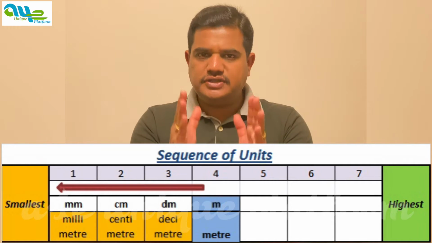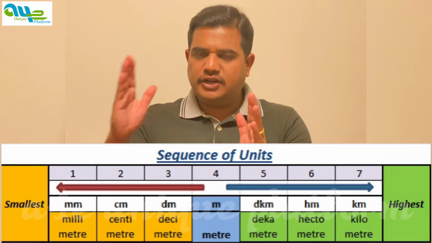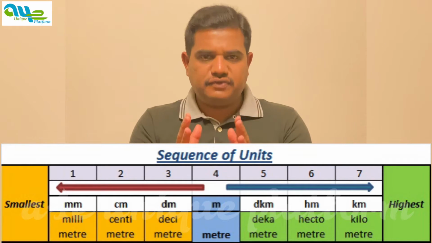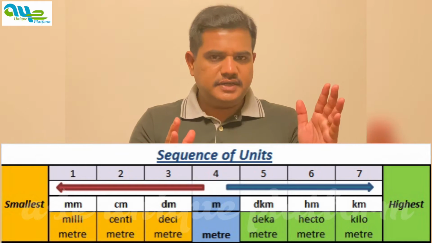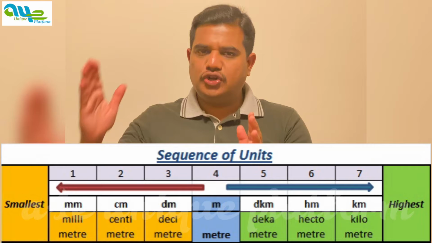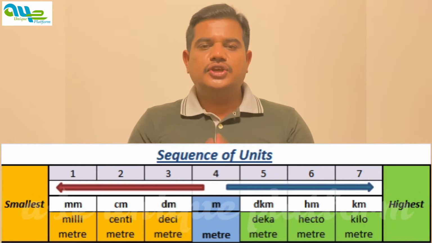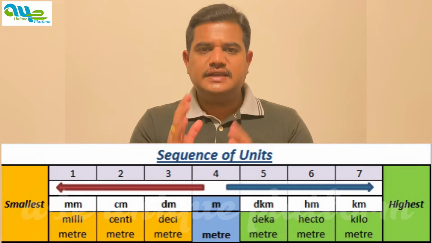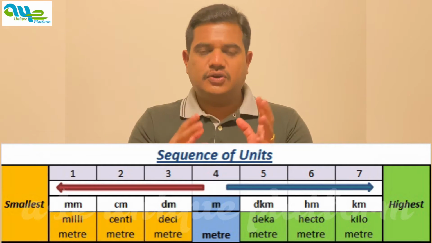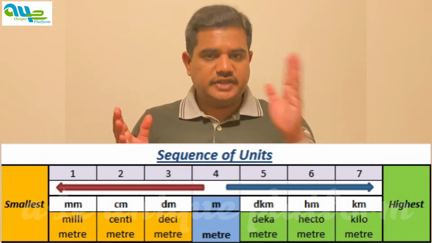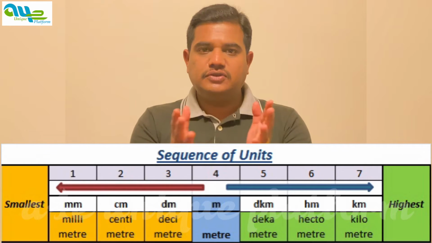The higher units above meter are decameter, hectometer and kilometer. So the sequence of units is millimeter, centimeter, decimeter, meter, decameter, hectometer and kilometer. If you understand this sequence, you will be able to easily derive whatever the question may be, that is 1 kilometer equal to how many millimeters or 1 centimeter equal to how many hectometers, whatever the question may be, you can easily derive it.